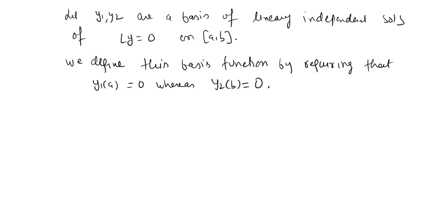So y1 satisfies the left boundary, so y1 becomes 0 at a, and y2 becomes 0 at b. So we choose y1, y2 in that way, and they solve the homogeneous problem Ly equal to 0.